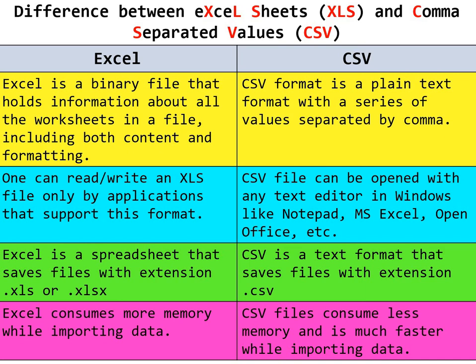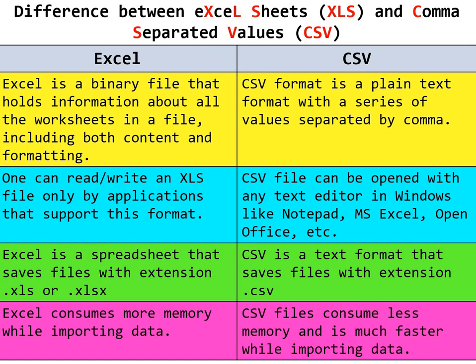CSV format is a plain text format with a series of values separated by comma. The second difference: one can read or write an XLS file only by applications that support this format. A CSV file can be opened with any text editor in Windows like Notepad, MS Excel, OpenOffice, etc.